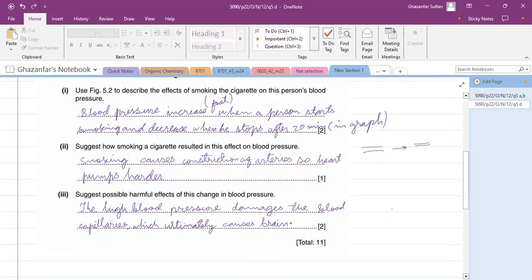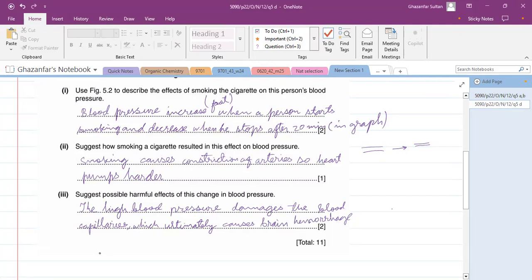Okay, so brain hemorrhage is definitely causing a very detrimental effect.